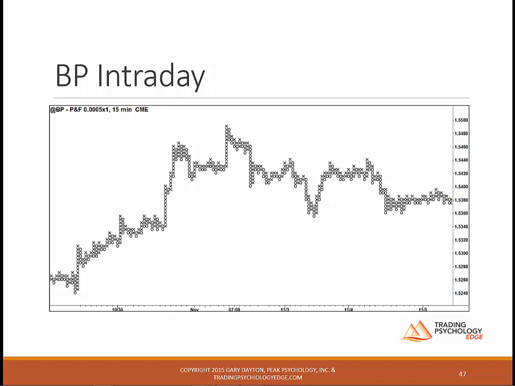Any reason why counts work, or is it just empirical? I think it works because it's related to the amount of accumulation that goes on in a chart, and that's all. Or distribution if we're on the top of a chart, on the top of a trend.